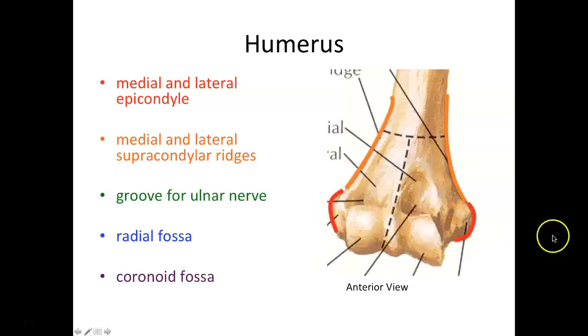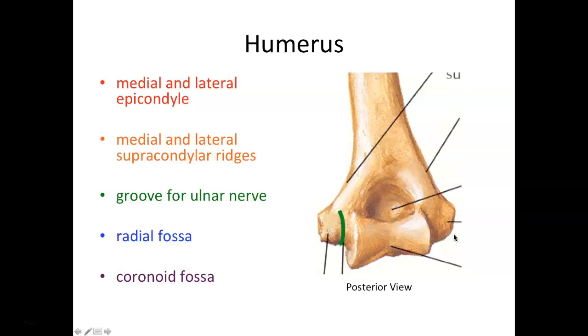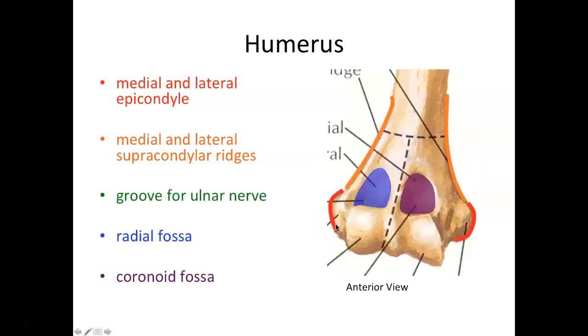So let me point this out on this anterior view for you. Your groove for ulnar nerve would be right over here. It kind of hugs around this medial epicondyle and it wraps around posteriorly. So this is where your ulnar nerve is coursing, and when you hit your funny bone, you are compressing your ulnar nerve that courses through this groove against your medial epicondyle.